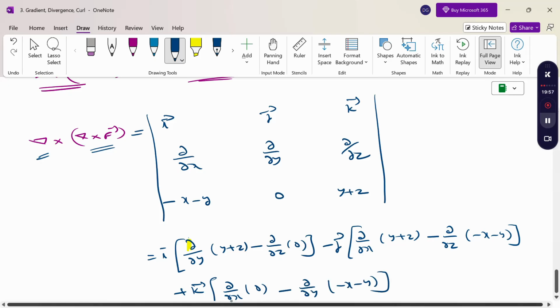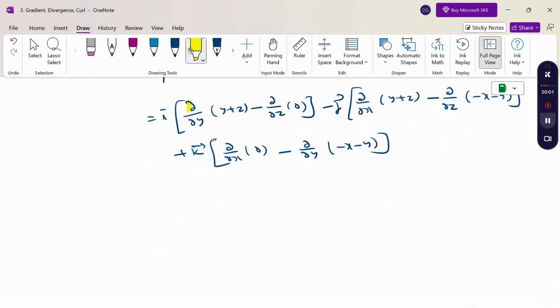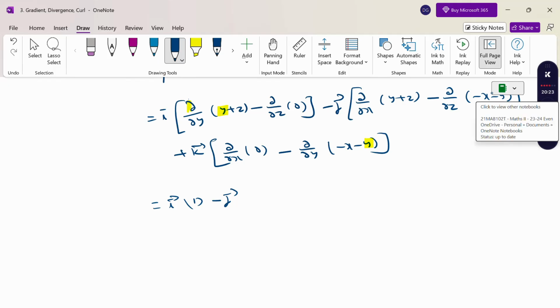Now when I differentiate, here differentiation with respect to y, so y is the only variable; here there is x and here z, so no value. Therefore the first term, the i vector, ∂/∂y of y is 1, and the other term is 0. Minus j vector, the whole term is 0 because there is no x variable and no z variable.